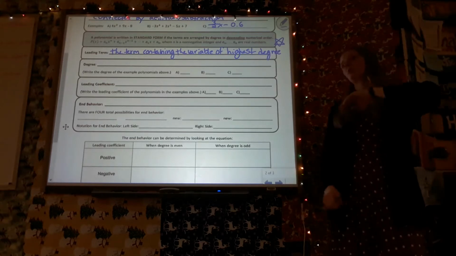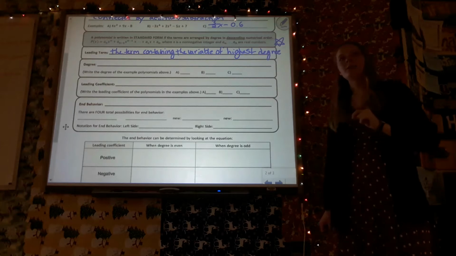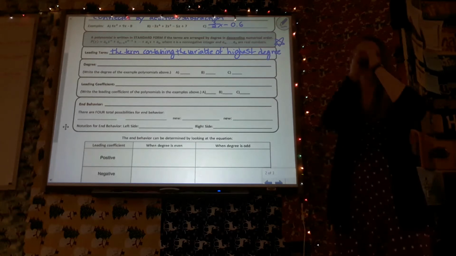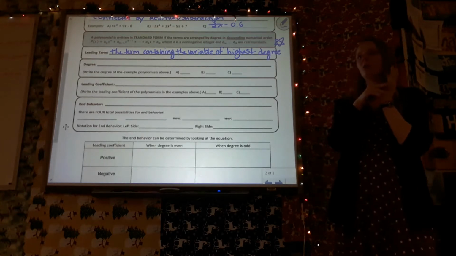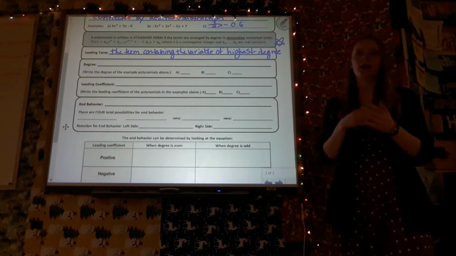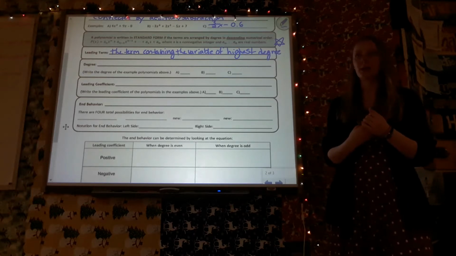Degree is basically describing the exponent that it has. So the leading term is going to be the entire term, including the coefficient, of the variable that has the highest exponent.